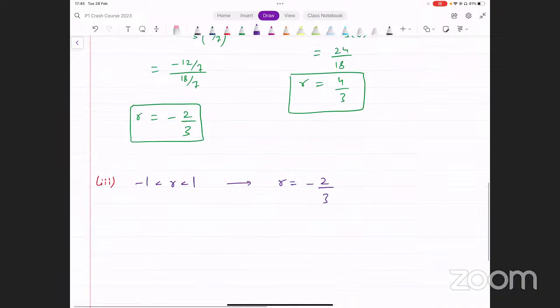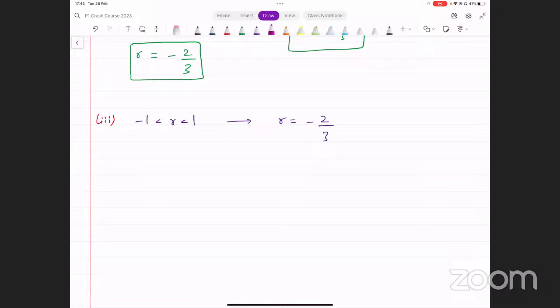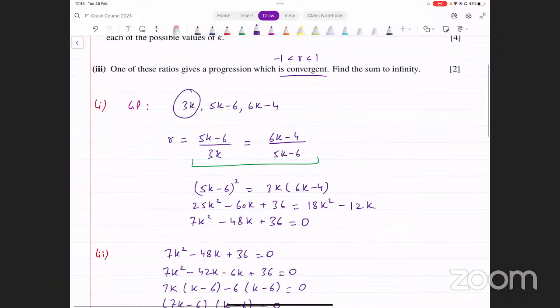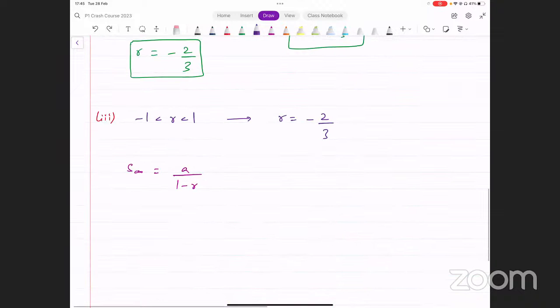Now, using that ratio, we just need to find the sum to infinity. Now, the sum to infinity formula requires two things: a, that's the first term, and r. We know the value of r. What about the first term? We need to find the first term now. The first term was 3 times k, so we need to figure that out. a equals 3k, but where does this value of k come from?